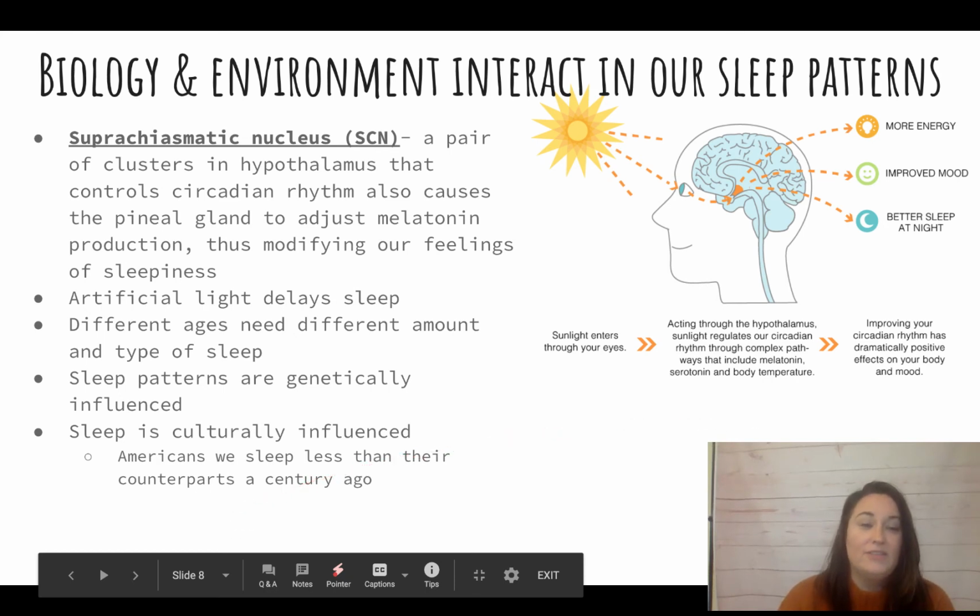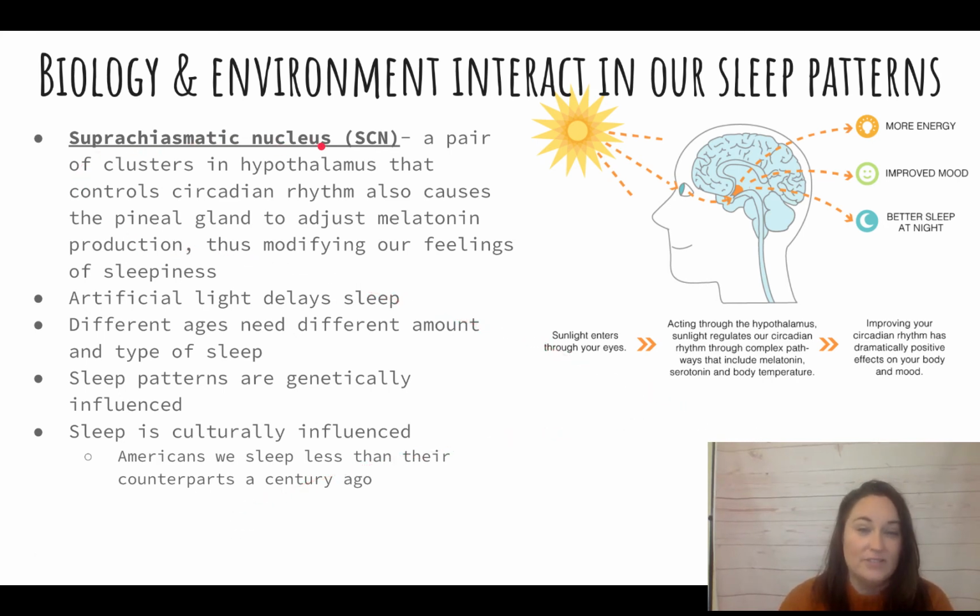All right. So there's something called the suprachiasmatic nucleus, or SCN, which is a lot easier to say. It's a pair of clusters in the hypothalamus. Remember, the hypothalamus is the 5F. It is in control of our hormones, right?